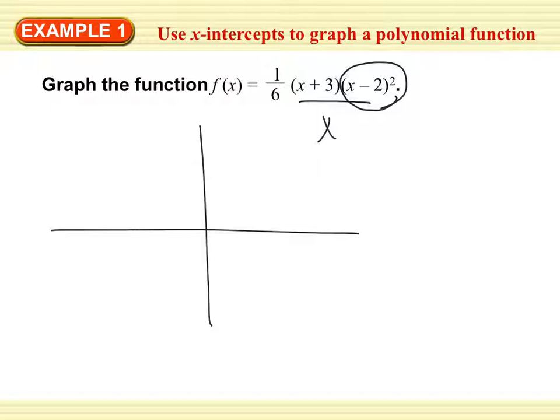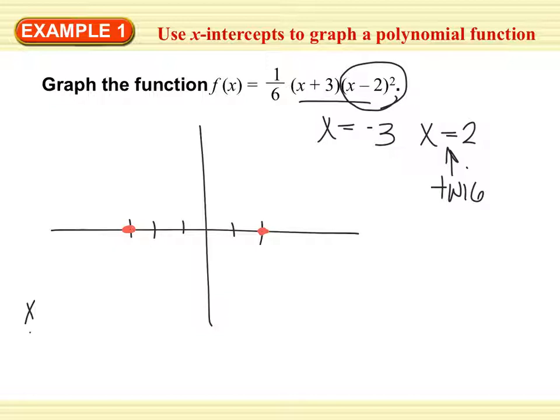Okay, my zeros are x equals -3 and x equals 2, twice. So 2, 1, 2, 3. There and there. Okay, so that is the first thing we do. Next, we need to plot some points between and beyond the x-intercepts.